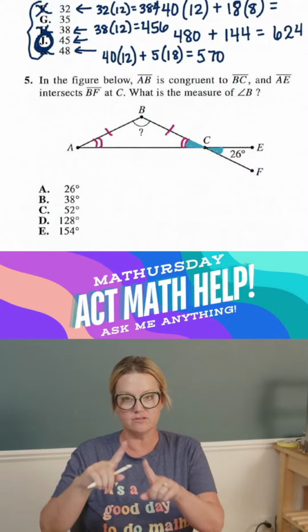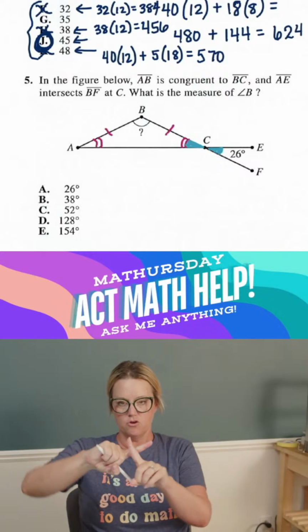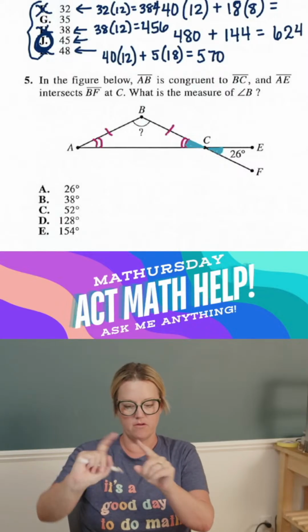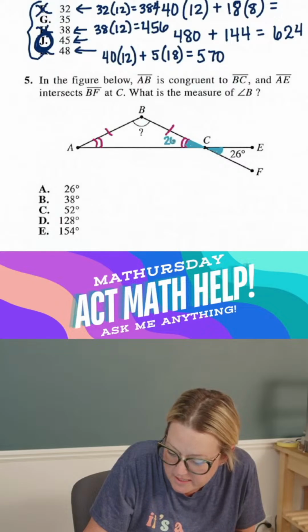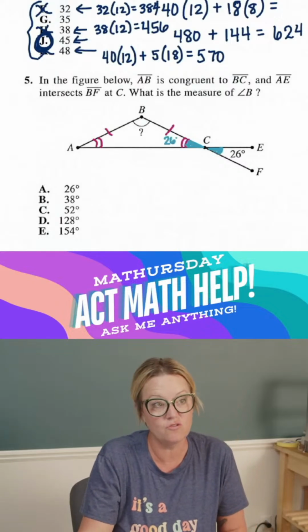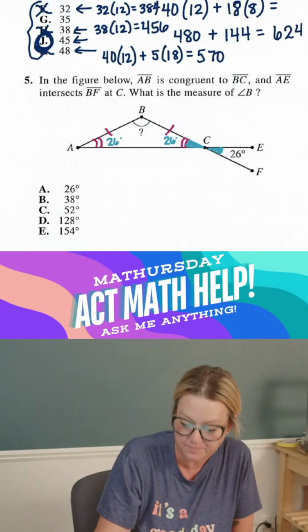Vertical angles are across from each other in an X, because it's the same no matter how you twist that around. So that's 26, and since it's congruent, angle A is also 26.